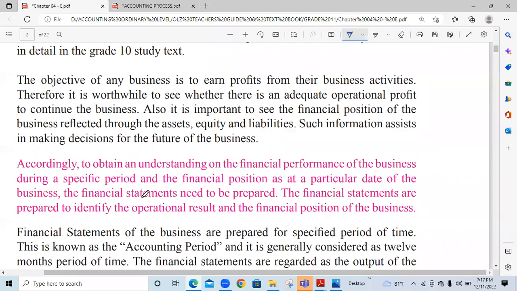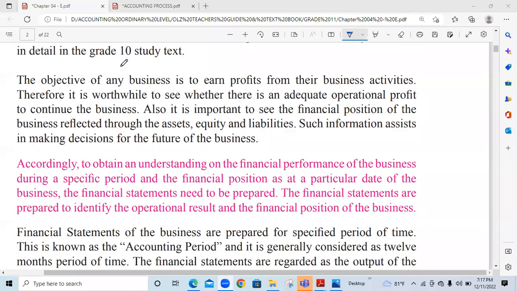What comes to your head when your friend says, I'm doing a phone business or something? You always think about profit, right? So when you hear the word business, you should understand their profit motive. Their main objective is to earn profit, even though they will say, no, we are about customer satisfaction. We try to satisfy our customers.